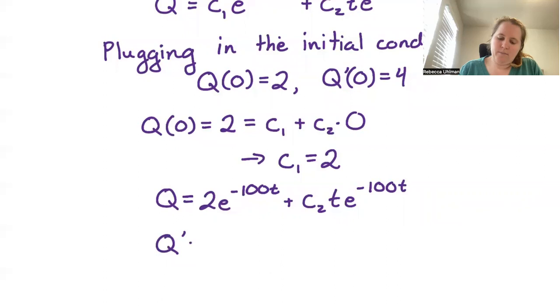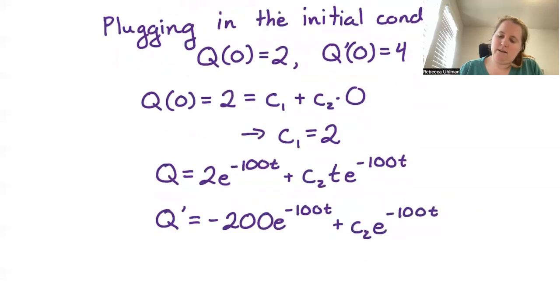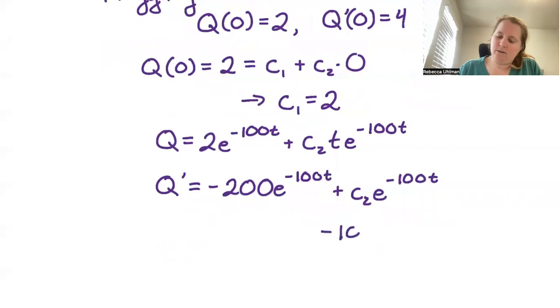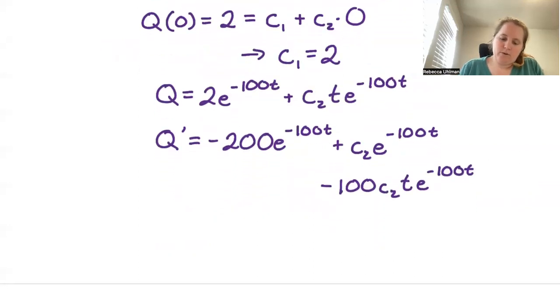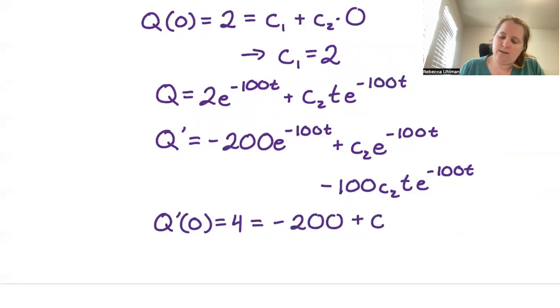We know that Q prime would be negative 200 e to the negative 100t, plus C2 e to the negative 100t, and then minus 100 times C2 times t e to the negative 100t. If Q prime of 0 is 4, this should be equal to negative 200 plus C2, and then the negative 100 C2 times 0 is just plus 0.